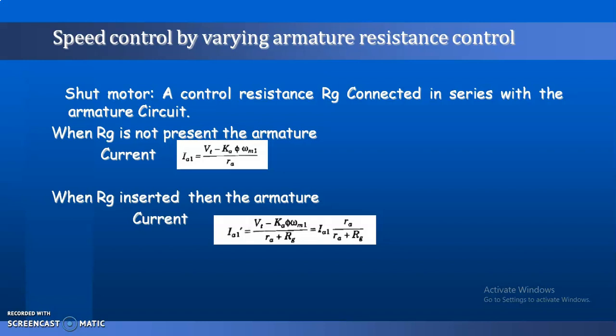The ratio omega m2 by omega m1 is (Vt - Ia1 (Ra + Rg)) divided by (Vt - Ia Ra). From this equation we can conclude that the second speed is less than the first speed.